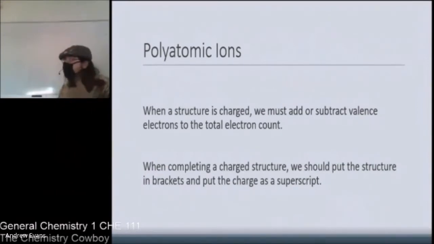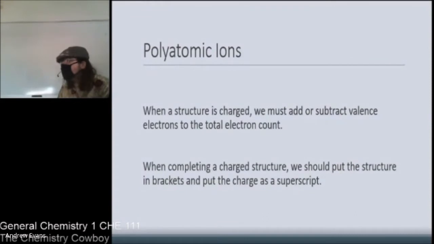It entails either an absence of electrons or an excess of electrons. So when we do a Lewis structure for a charged species, all we have to do is account for any changes in electrons.